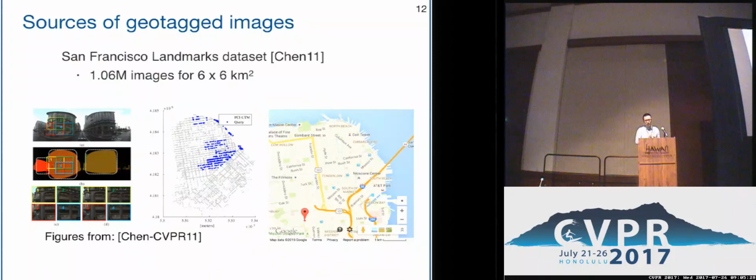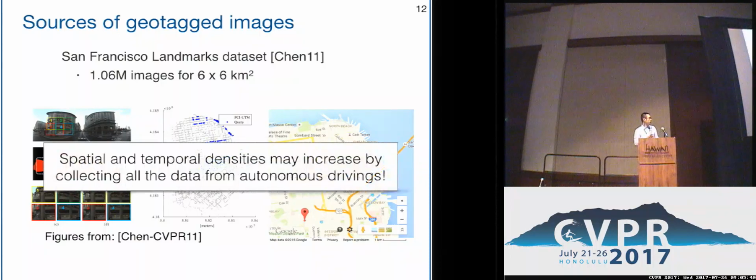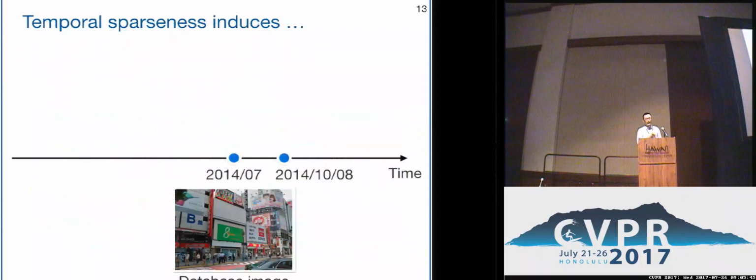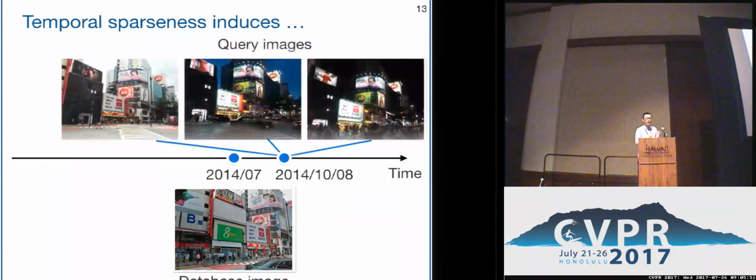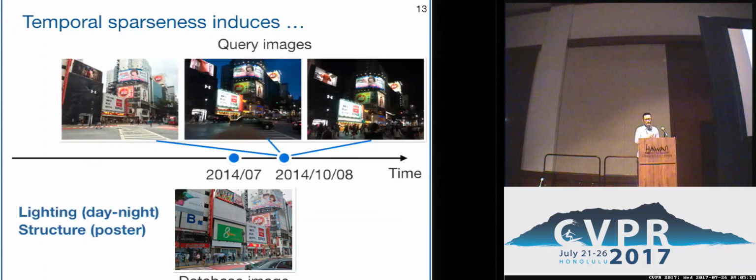However, with current technologies, it is impossible to monitor all the streets all the time. So that makes gaps between the query and the database images. The gap means database images are taken temporally sparsely, but the query could be taken at any time.